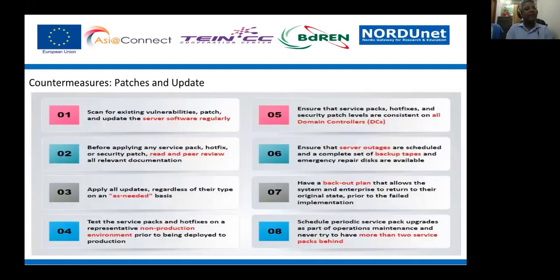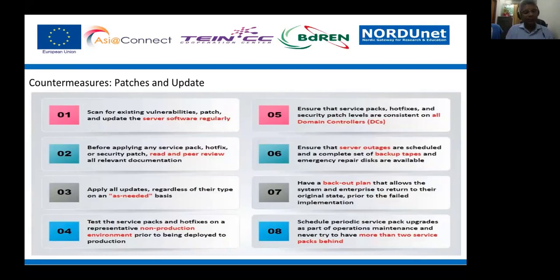Another control measure is patch updates. So what can we do here? We can scan for existing vulnerabilities. We have a few steps to do it. First, we need to find out the existing vulnerabilities, and the existing patch, and update the server software regularly.